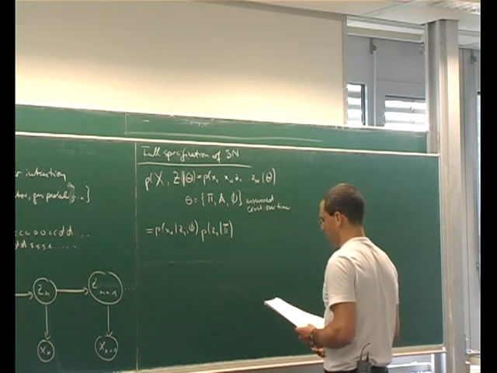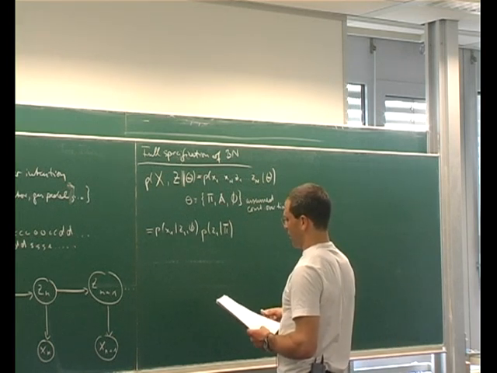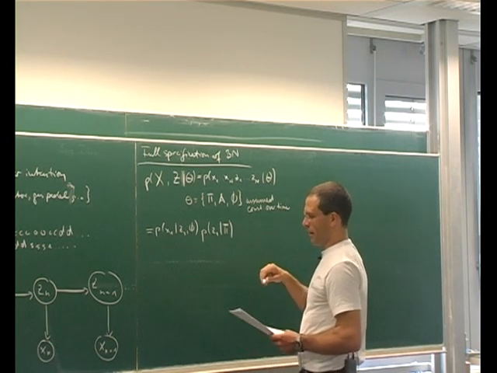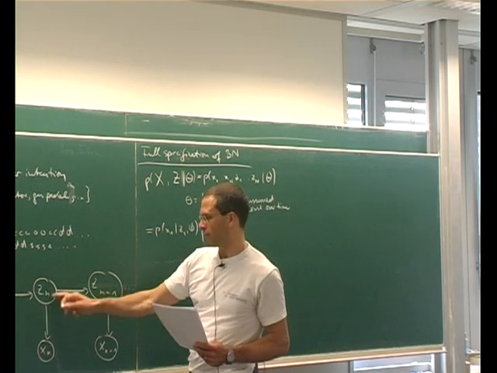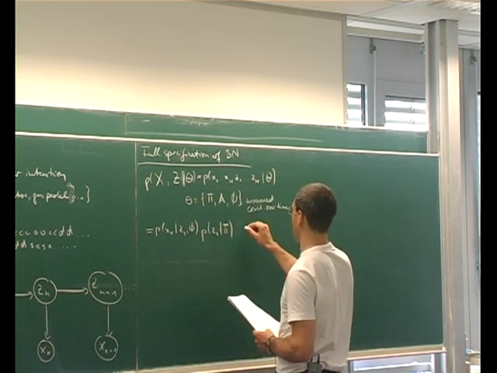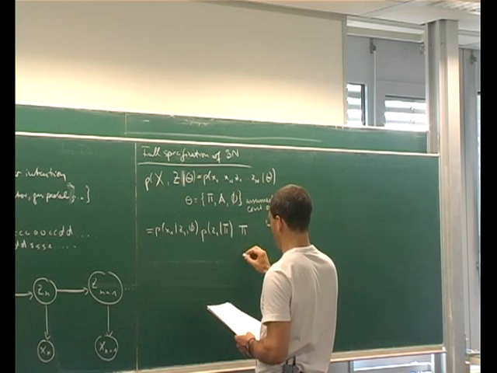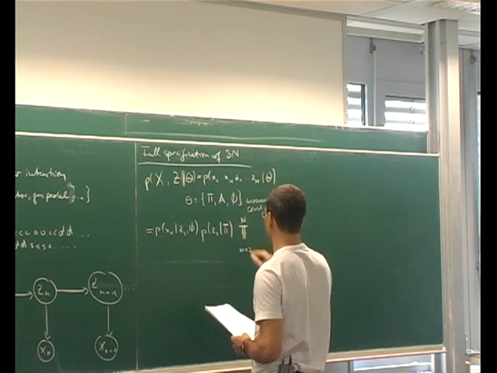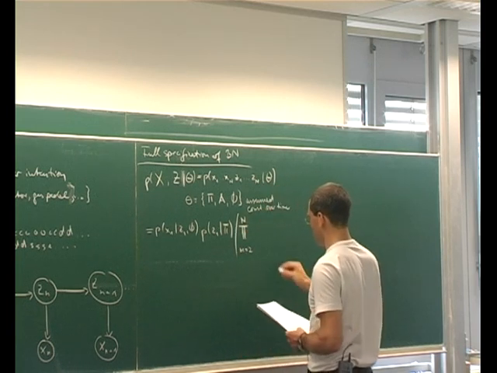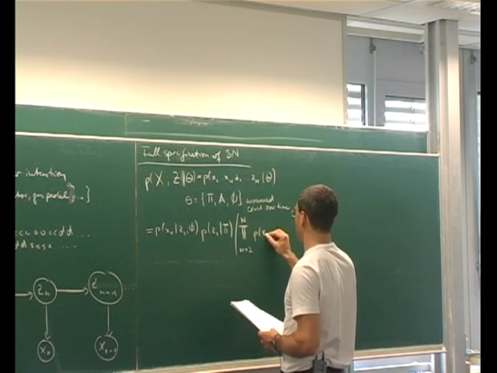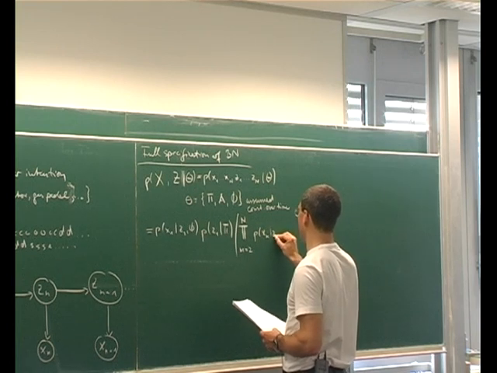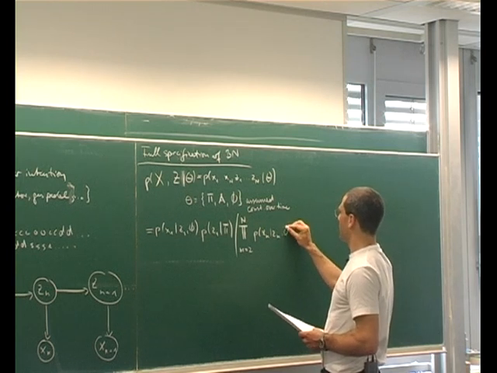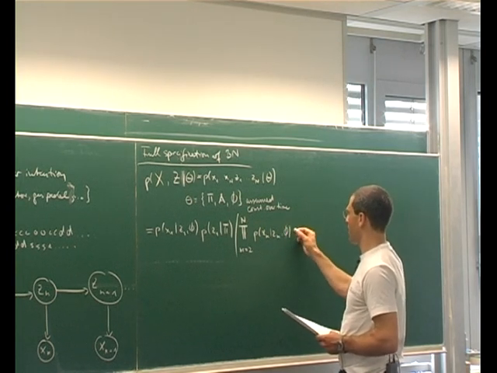And then we have repeatedly, on the one hand, the probability of making an observation x_m given the current hidden state z_m and our emission factors.